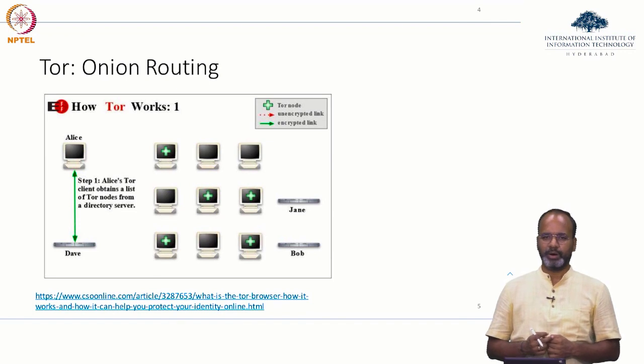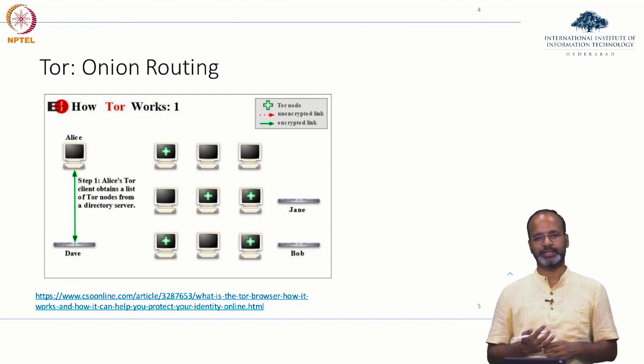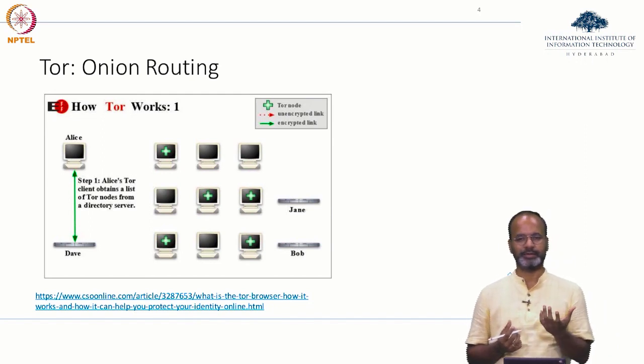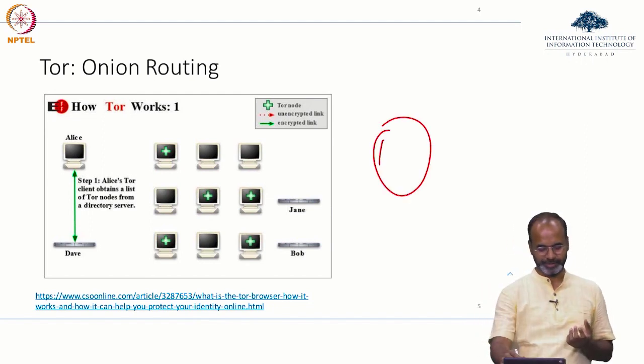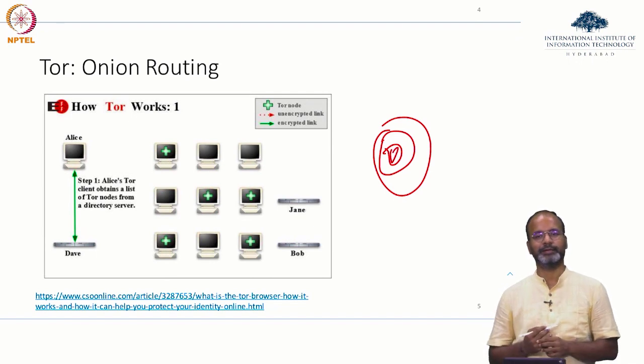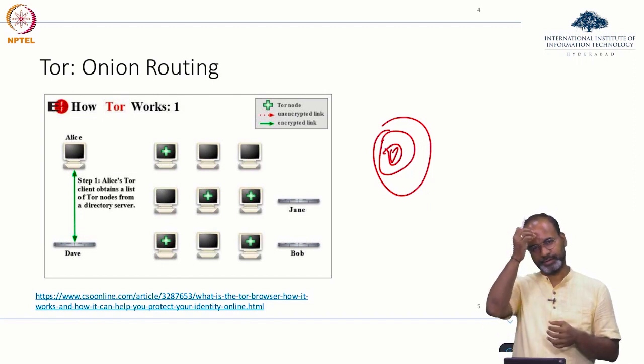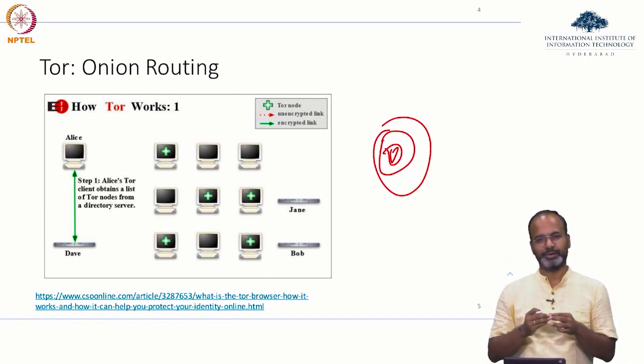One very common, important and influential technology that has come up for privacy enhancing technologies is Tor, which is built on an idea called onion routing. For onion routing, think of it as just an onion, right? When you start peeling an onion, when you peel the outside layer, only the layer that is inside is visible to you, right?